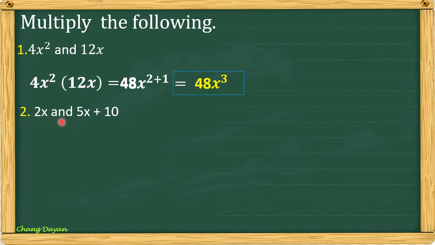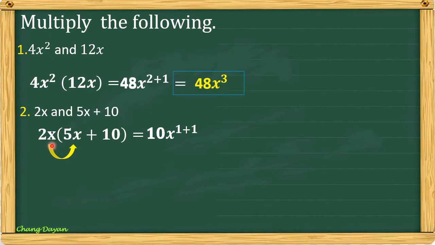Number 2, 2x and 5x plus 10. Just distribute 2x multiplied by 5x. 2 times 5 is 10. Then, applying the law of exponent, we'll add the exponent since they are like terms.